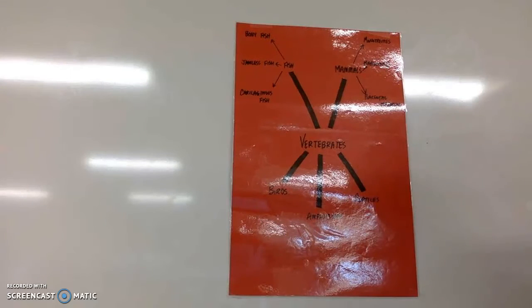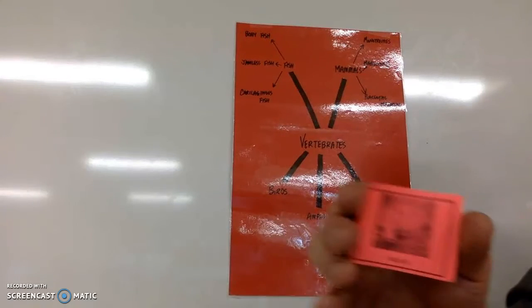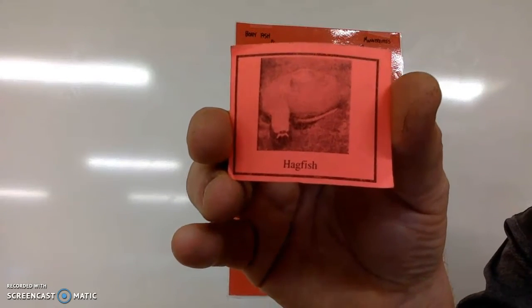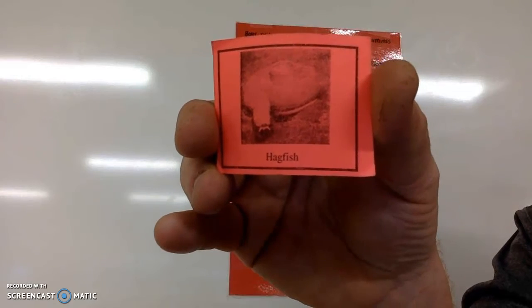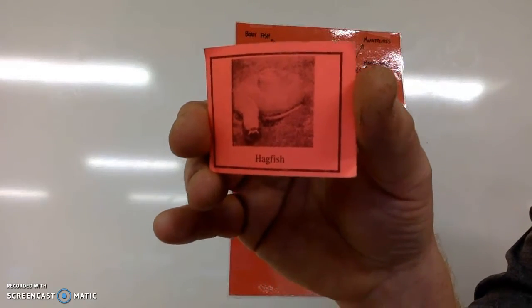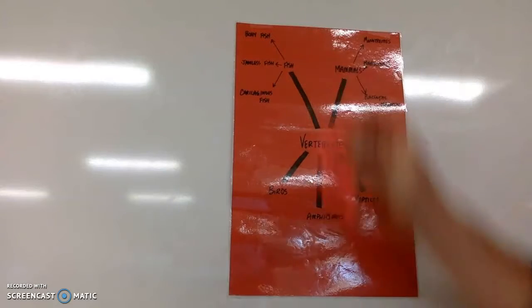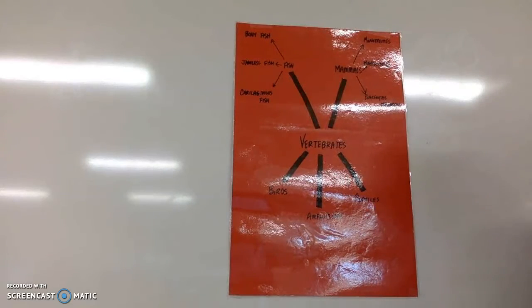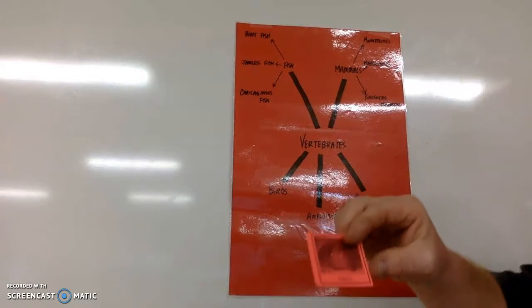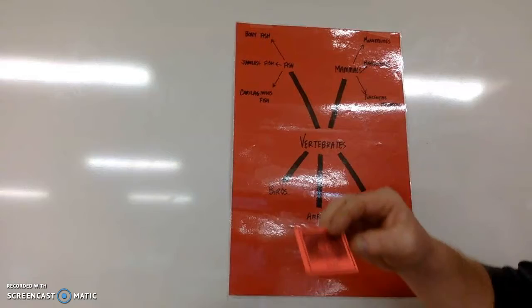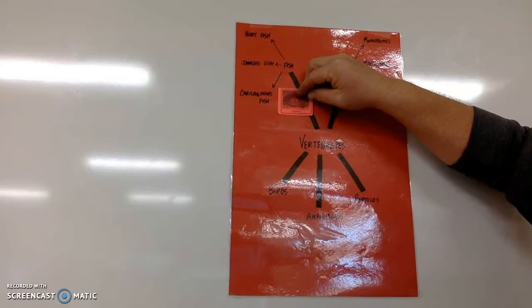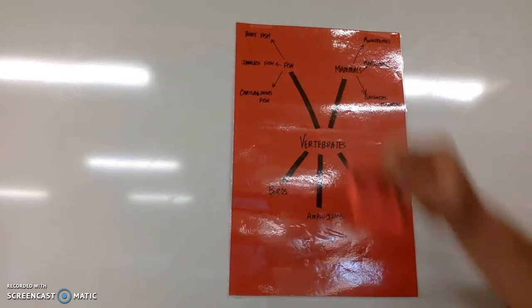A hagfish, it's kind of similar to the lamprey. It's got that little raspy mouth, and they are a jawless fish as well. A stingray. Stingrays don't have any bones in them. They're a member of the cartilaginous fish.